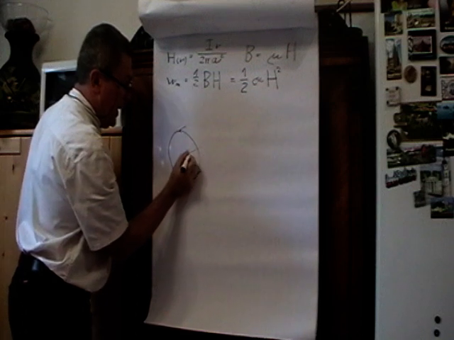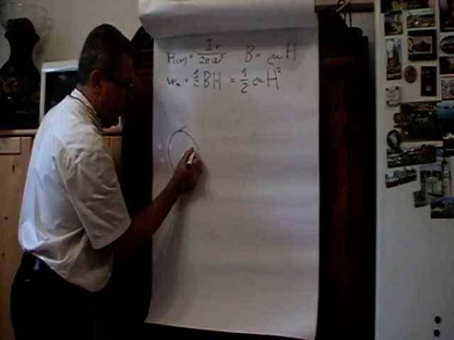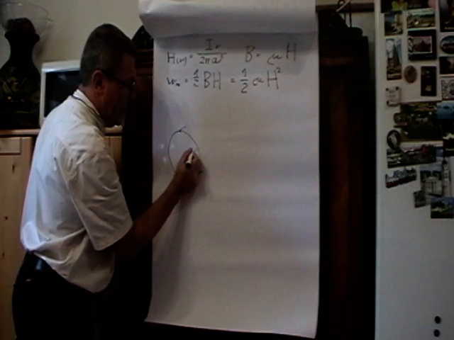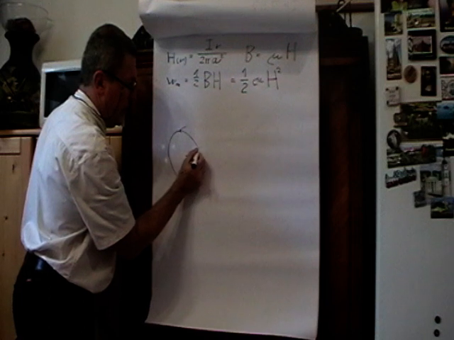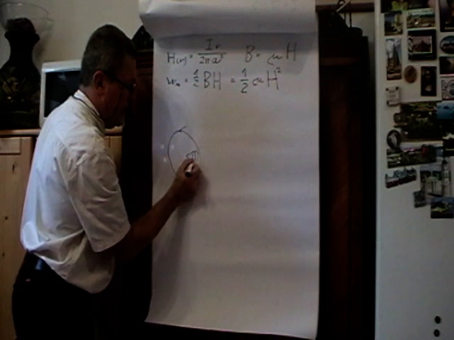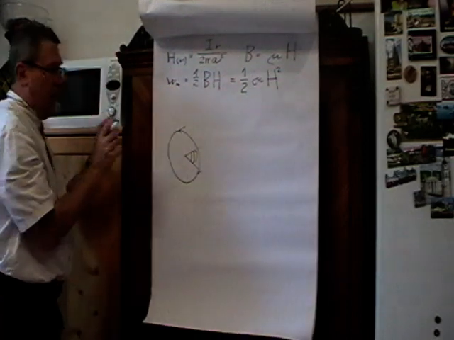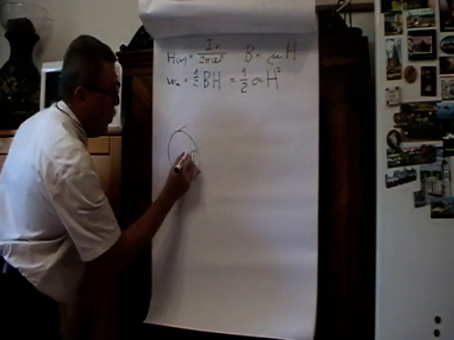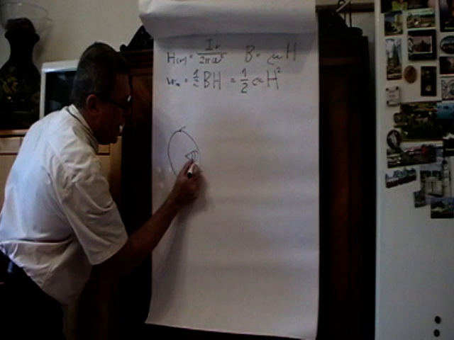Now radially, we can derive an element which will be 1 meter long, will be very thin.